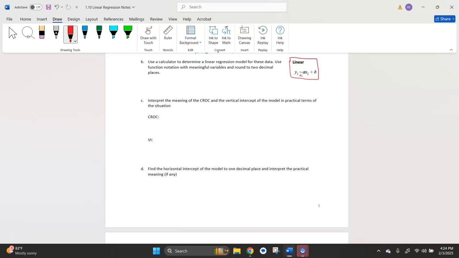Notice that this is approximate and not an equal sign, because a regression model by definition is a best approximator of the given data, or best approximates the data. So that's why there's not an equal sign here. You'll also notice that this is written in slope-intercept form. This is just telling you what Desmos is going to do.